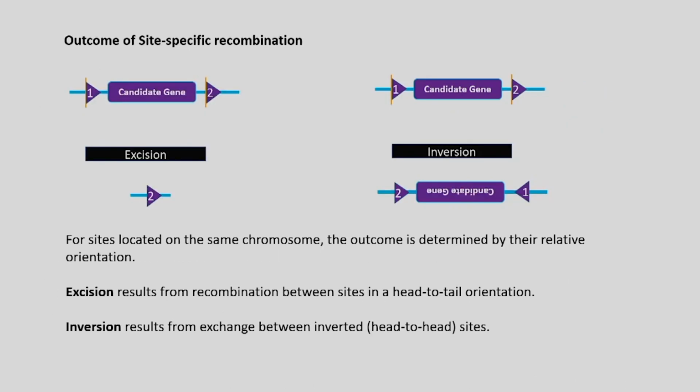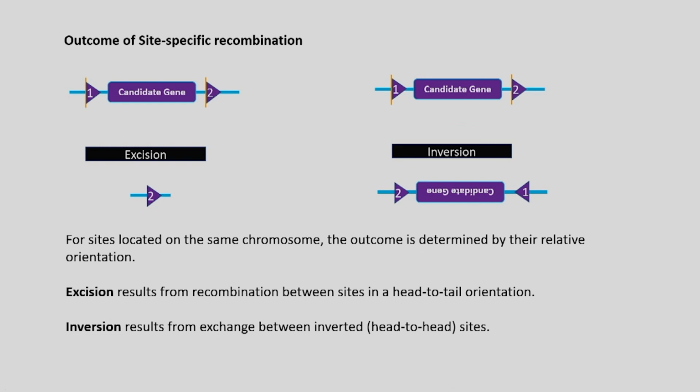Site specific recombination may also lead to excision of genes. So, there is a candidate gene over here, and now as excision has happened, you can see the gene is no longer in the scene and it has disappeared, and in the case of inversion you can see here the gene has been inverted.